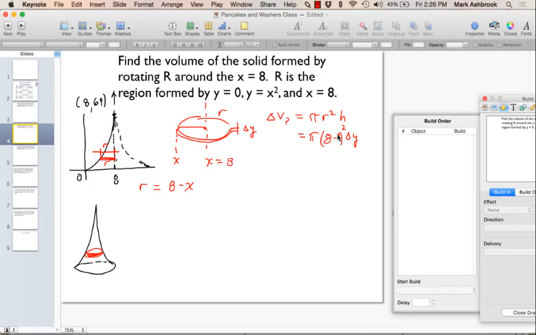But we got to get that. Now we're doing delta y. So we need x in terms of y. Square root of y, right? So now it's that curve y equals x squared, but we need x in terms of y, which is the square root of y, and only the positive because we're here in the first quadrant.